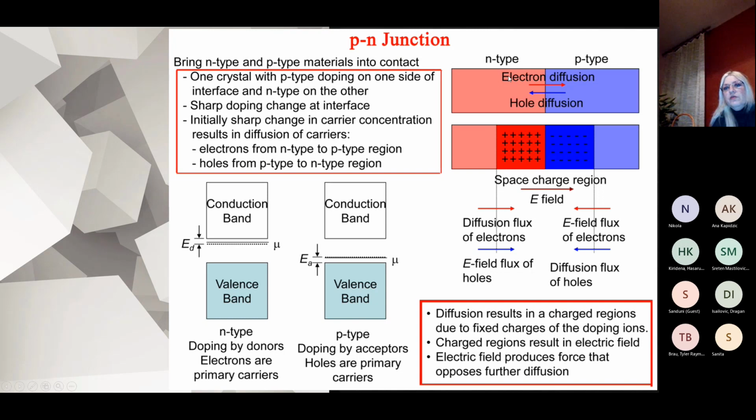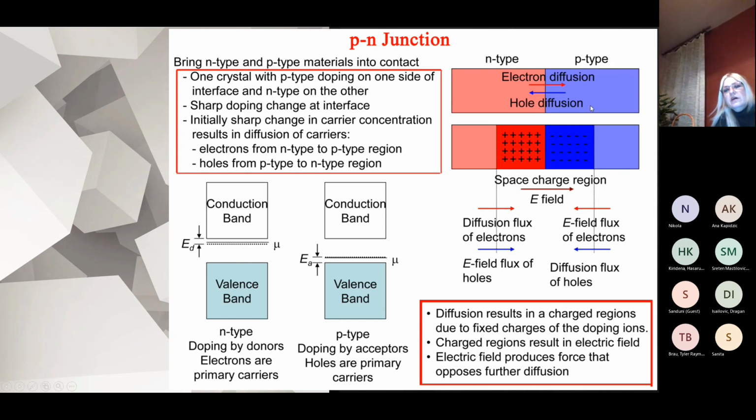The electrons from the N-type region, because of the concentration gradient, will shift from the N-type region to the P-type region, and also holes will shift from the P-type region to the N-type region. And when the electrons shift from the N-type region to the P-type region, they will leave the positive ion cores here.